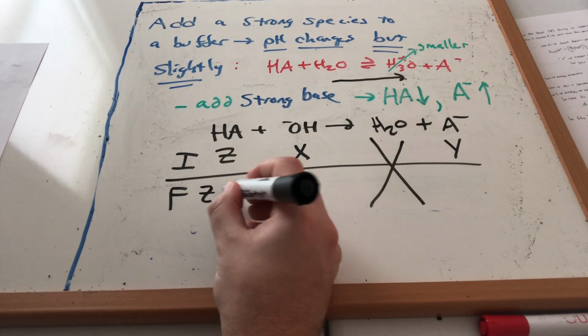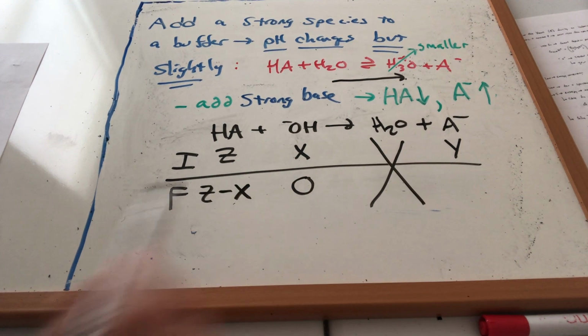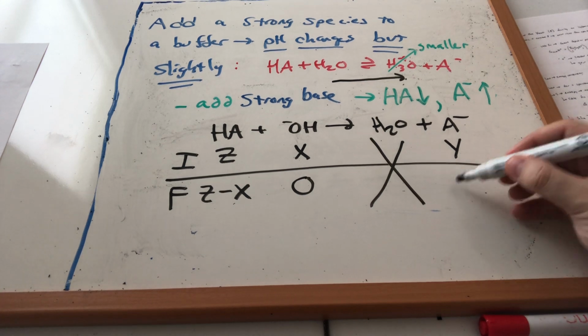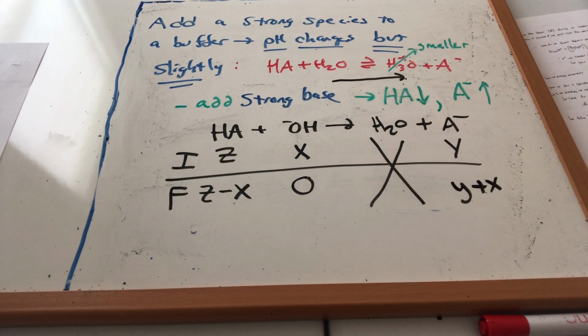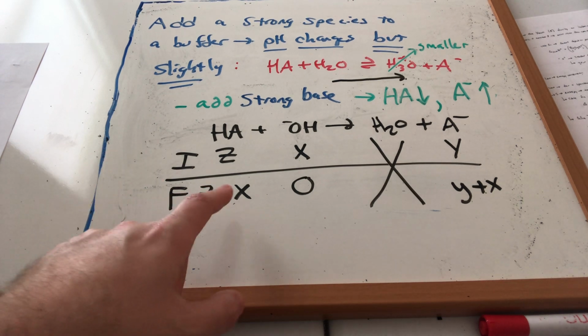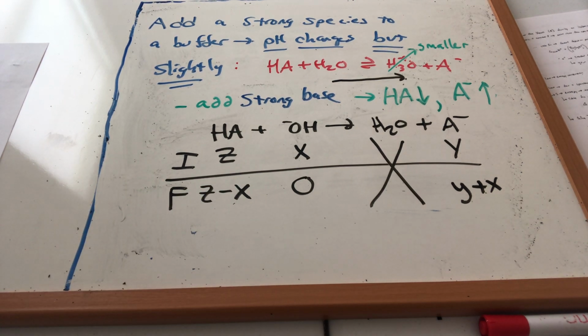I'm going to lose that same number of moles, that same X, from HA. And I'm going to gain that same number of moles into A minus because it's a strong reaction. It goes completely. You account for that change in this way. It will slightly affect the pH, but it's definitely a change that occurs.